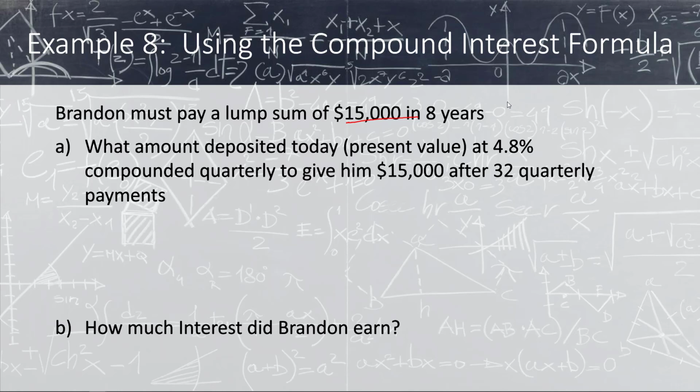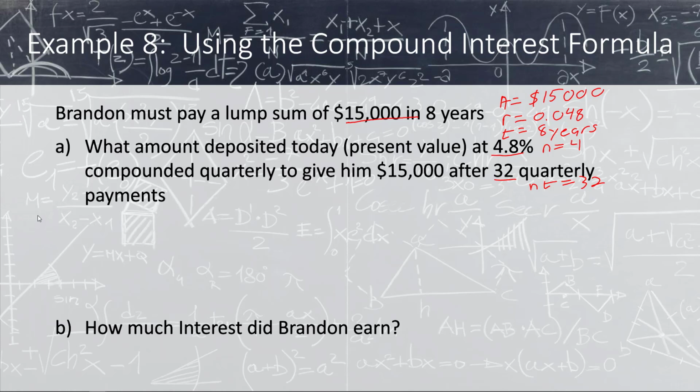So in this case, A is $15,000. Your interest rate is 4.8%, so R is that divided by 100, or 0.048. The duration is 8 years. Your investment is being compounded quarterly, so N is equal to 4. Normally you would need to compute NT, but they already gave it to you. It's 32.